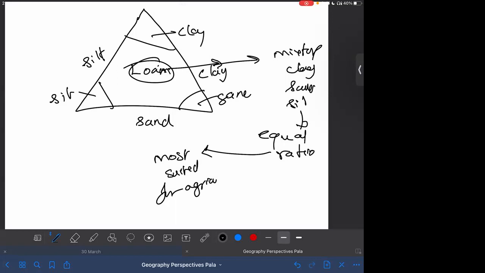If it is more sandy, it would be like desert. So loam is the ideal one, a mixture of the three soil textures in equal ratio. Fine, that is loam.